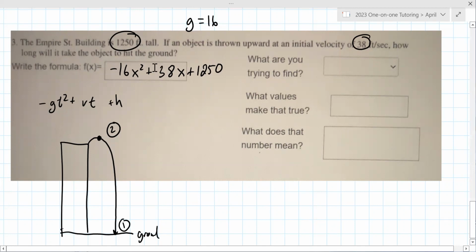Are they asking about 1 or 2 in this problem here? How long? That'd be 1. Yes. So they're looking for the x-intercept.